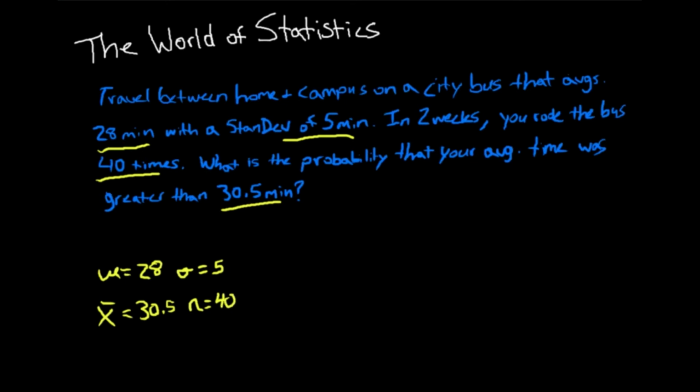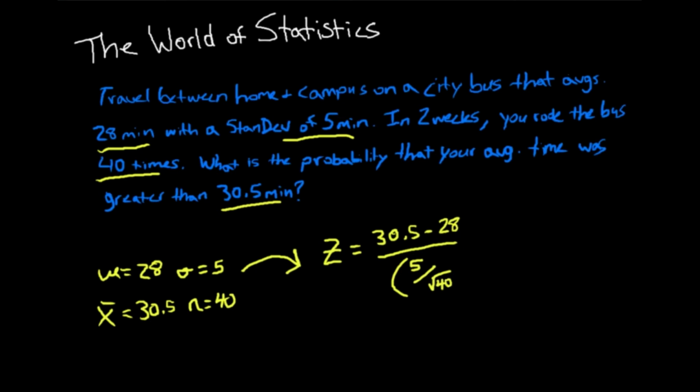So let's go ahead and use the central limit theorem to figure out this problem. So we know that z is equal to 30.5 minus 28 divided by 5 over the square root of 40. So when you work this out, this is going to be 3.16.